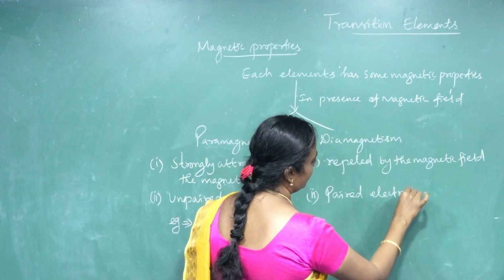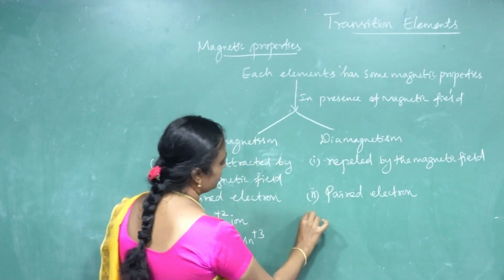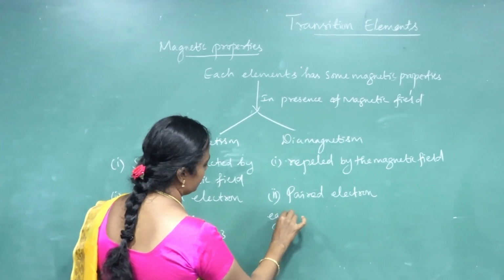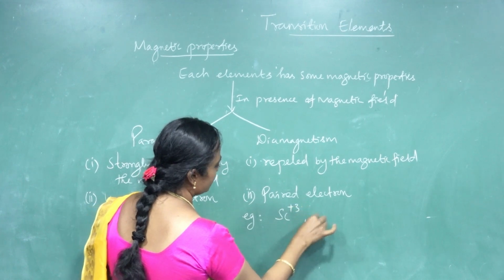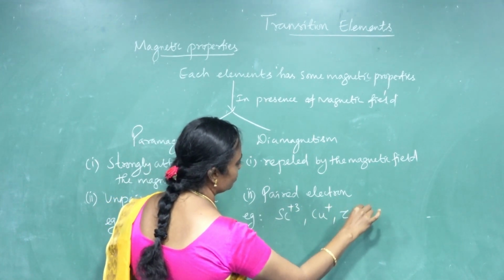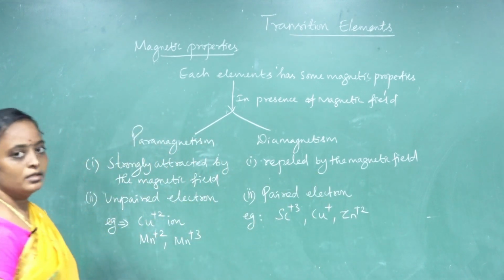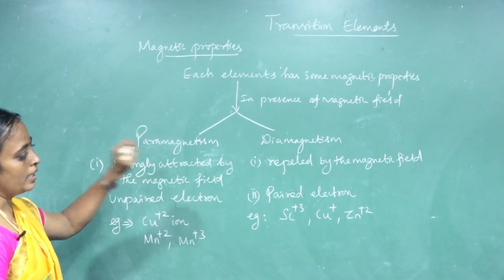We should have paired electrons. Examples for diamagnetic substances are scandium 3+, copper +, and zinc 2+ ions. Okay, so mainly we are discussing paramagnetism and diamagnetism.